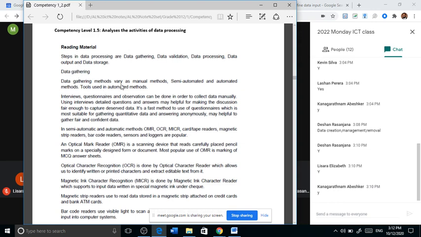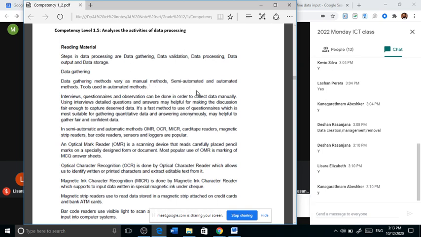Data gathering methods vary as manual methods, semi-automated and automated methods. Different tools are used in different automated methods, so we are going to discuss that here. So what are the data gathering methods? How can you gather the data? You have manual methods.